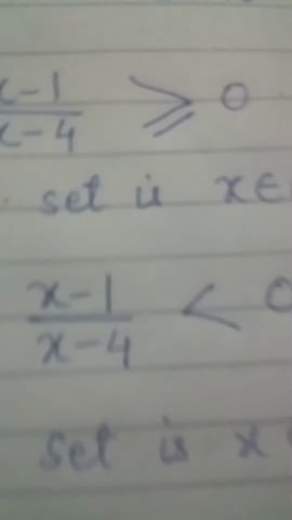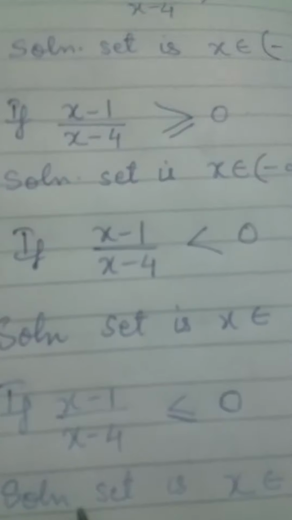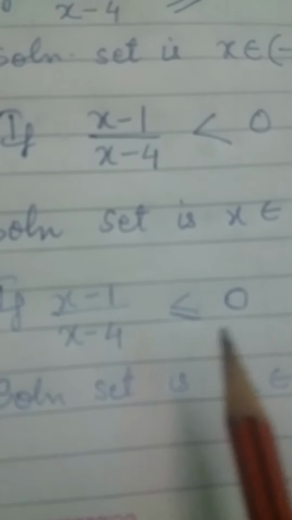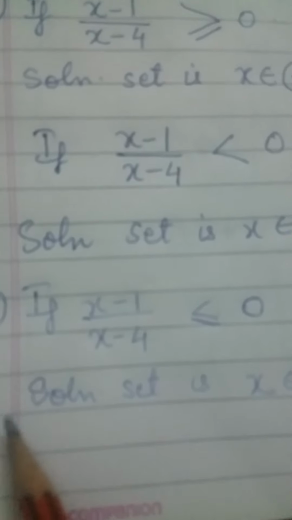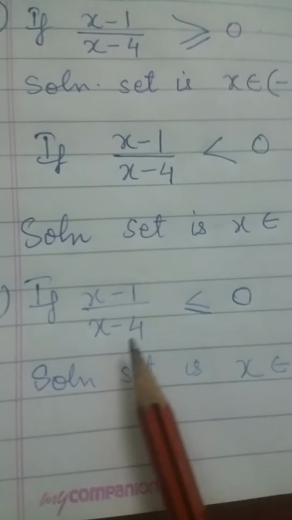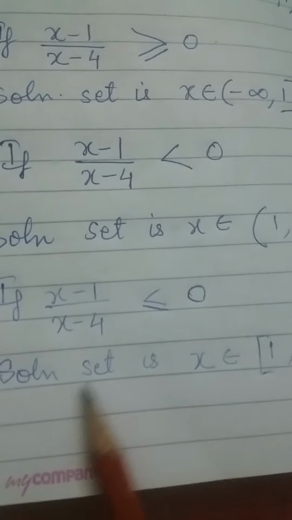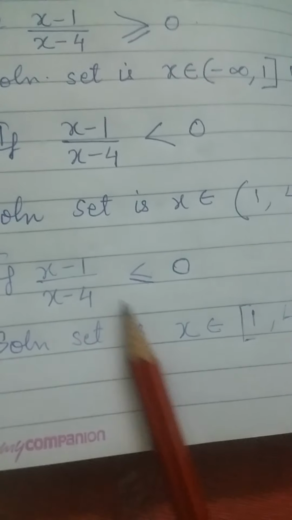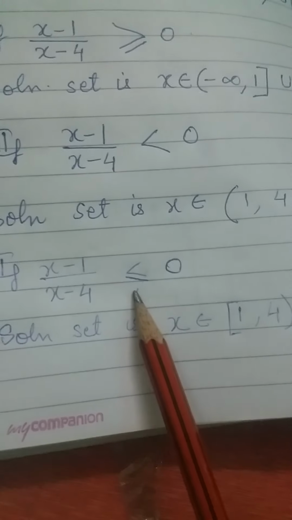Now we will come to the fourth case. In the fourth case I have taken (x minus 1) upon (x minus 4) less than or equal to 0. Here less than or equal to 0 means x can equal 1, but x cannot be equal to 4. So the interval that we are going to take will be negative.